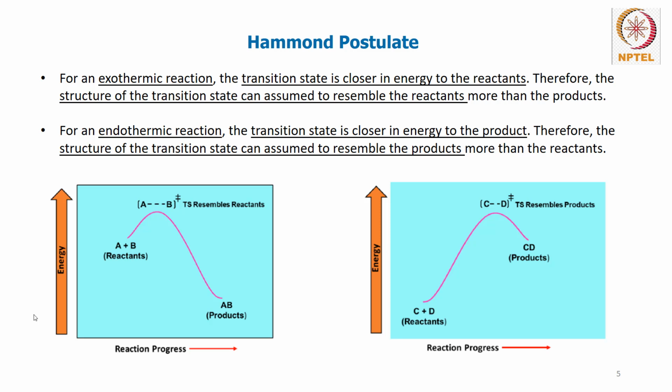Some people get confused about these two postulates because they are a bit conceptual, but when it is clear to you, it will be very easy to solve any questions you are given. So what Hammond said, for an exothermic reaction, in the last class I discussed what the energy profile diagram for exothermic and endothermic reactions will be.